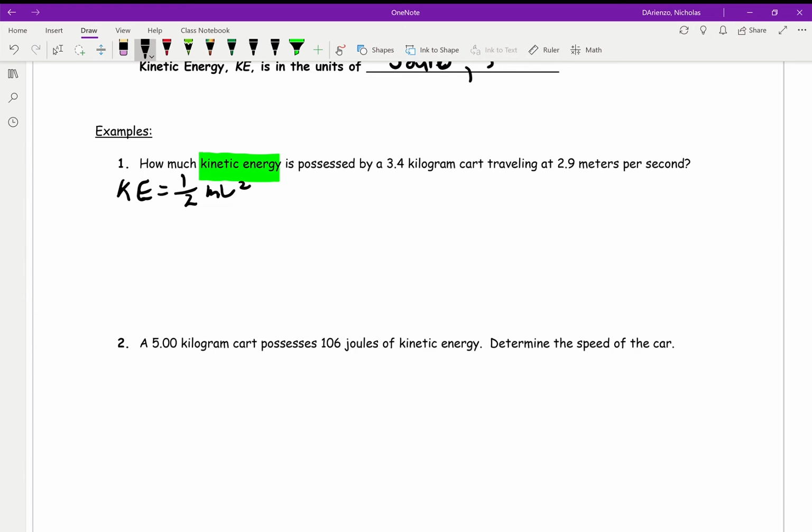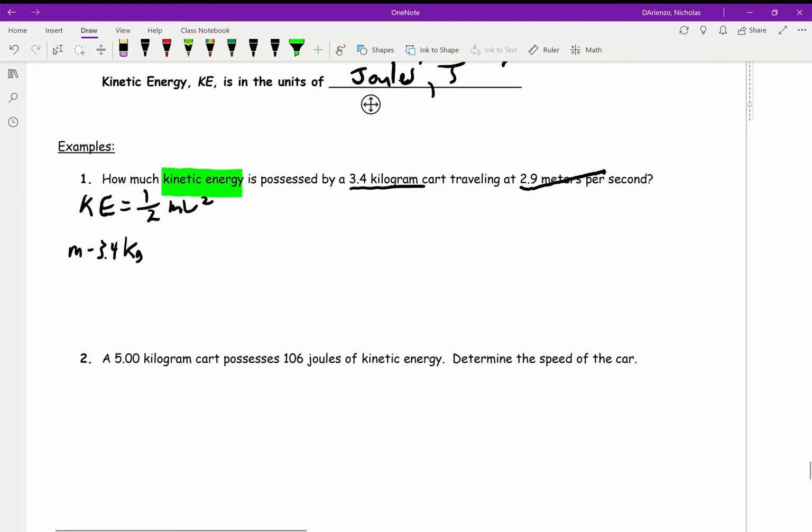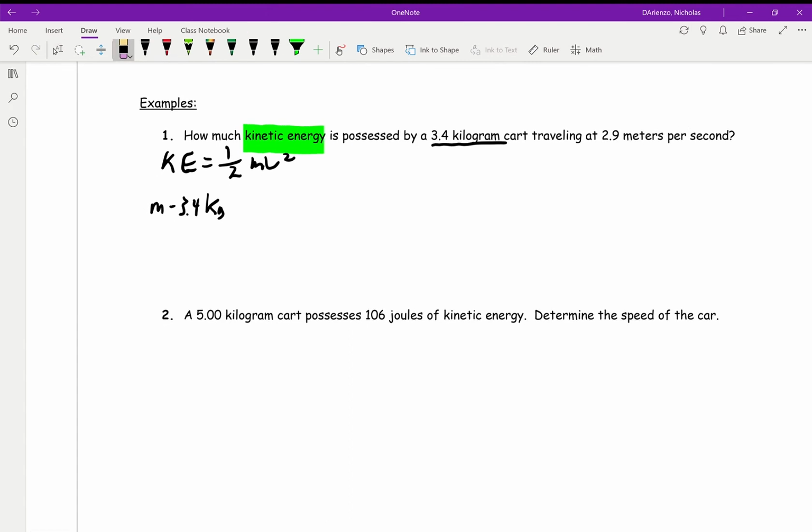And to go through what we're defining here, just to make sure that we have enough, we have a 3.4 kilogram cart. So it's 3.4 kilograms, and we have a velocity here traveling at 2.9 meters per second.